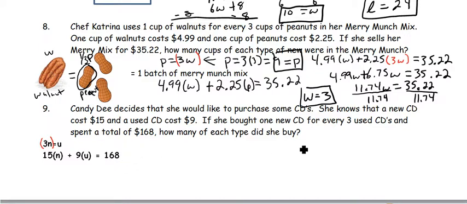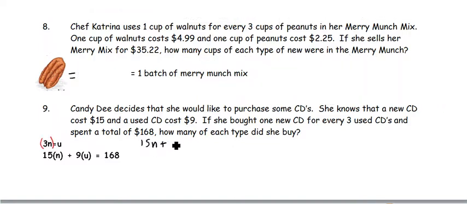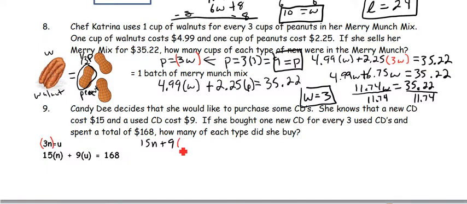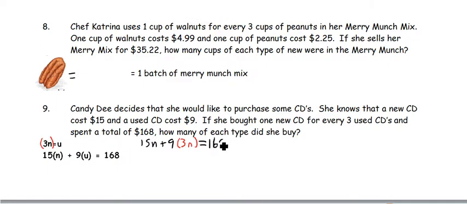So when I rewrite this equation, and let me start right here, 15N plus 9, and in place of U we're going to write 3N, and that equals 168. Alright, so that's 15N plus 27N equals 168.